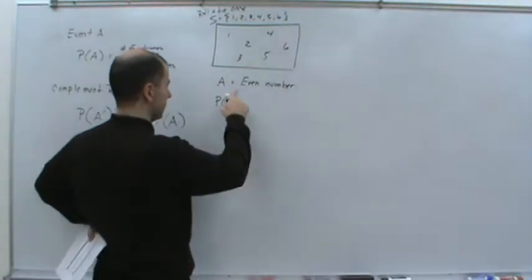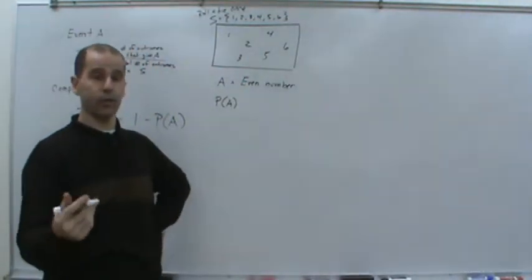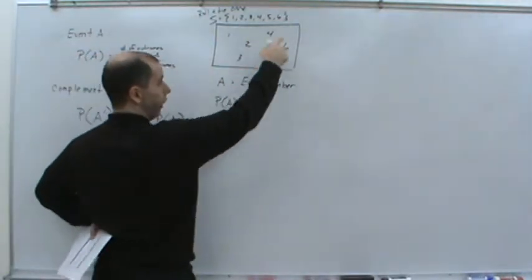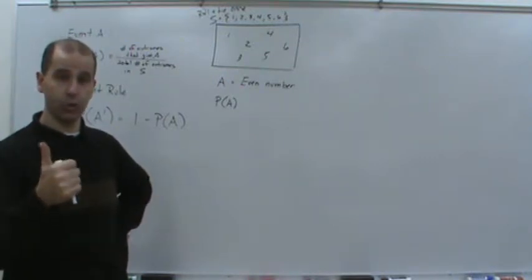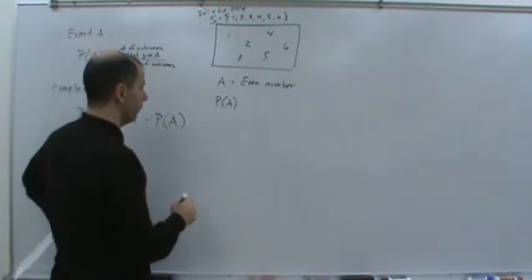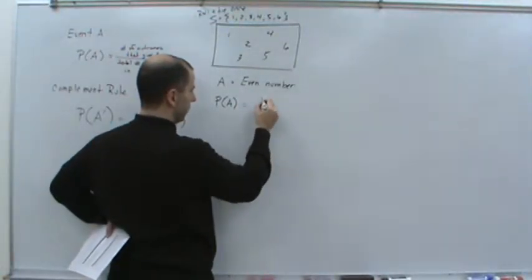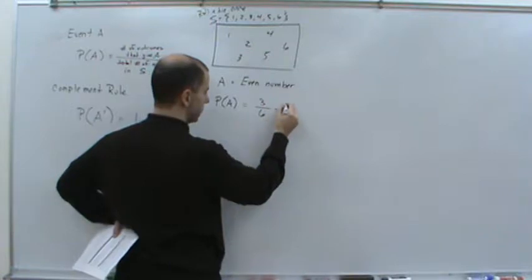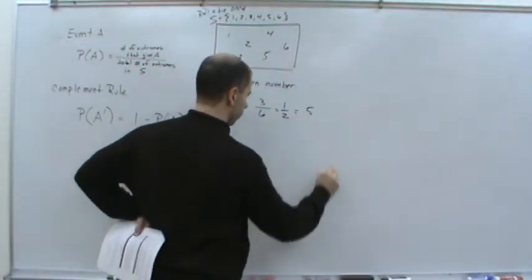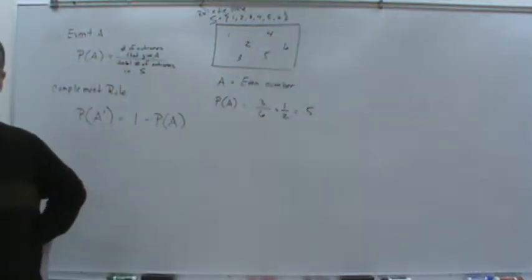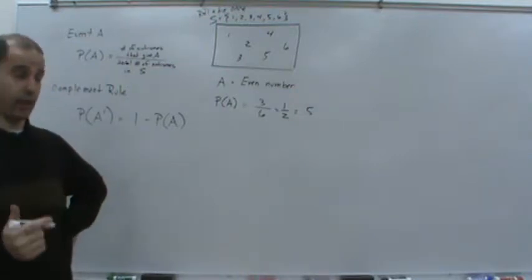How many different ways can I get an even number? Well, I'm talking about even numbers, right? So what outcomes on a roll of a die will give me an even number? Well, I can get a 2, a 4, or a 6, right? So the probability of getting an even number is going to be 3 out of 6, or 1/2, which is 0.5, right? So that's how we could calculate the probability of A, getting an even number, okay?